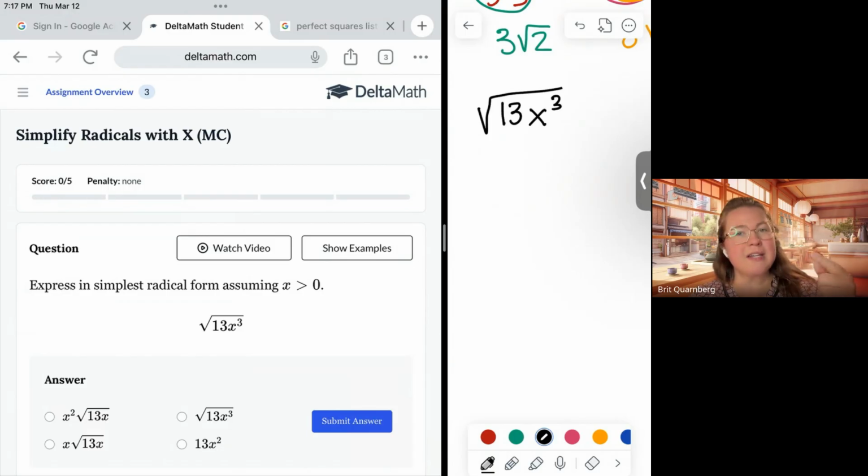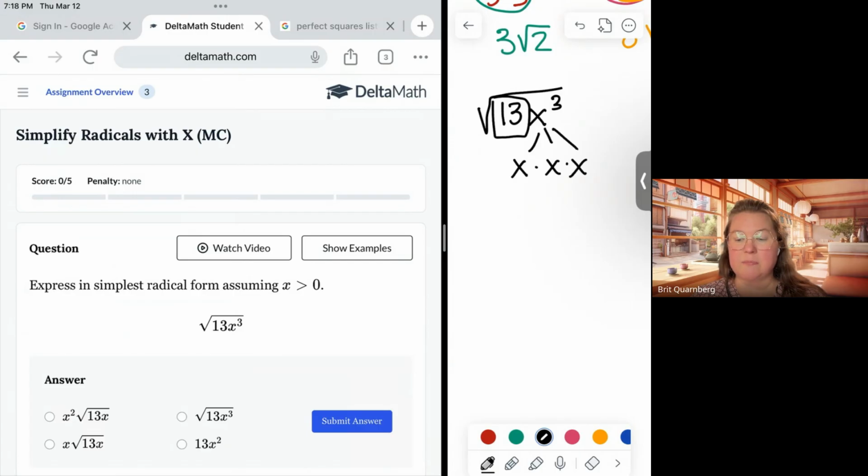We're going to work these in a very similar way to what we just did. However, now we have x's involved, and notice that it's multiple choice. First of all, 13 doesn't split into anything. There are no perfect squares that divide into 13. In fact, the only things that divide into 13 are 1 and 13, so that's just going to have to stay inside. In fact, I could put a box around it. But then x to the third would be x times x times x, right?